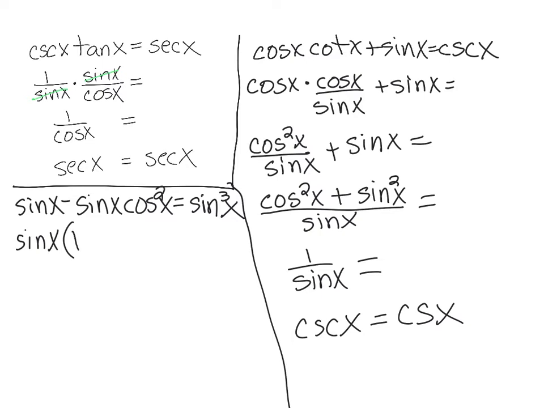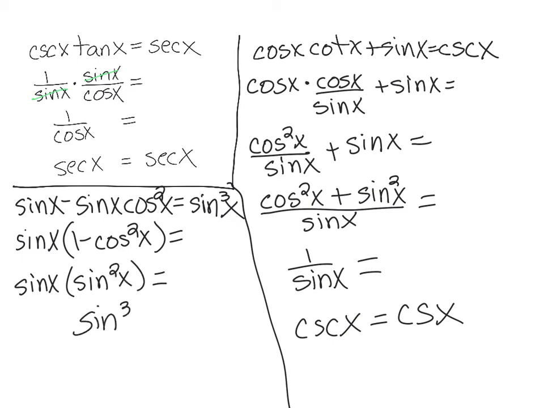I have to just see that there's something I can do, and look what happens. 1 minus cosine squared is sine squared. That gives me sine cubed, and I'm done.